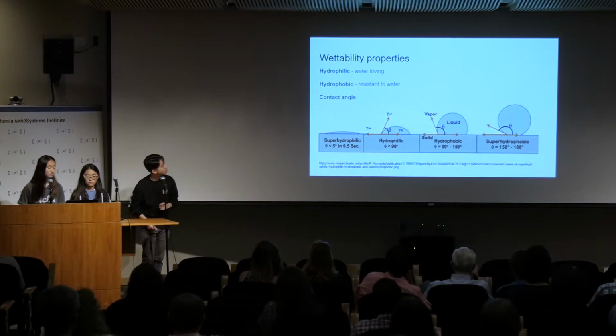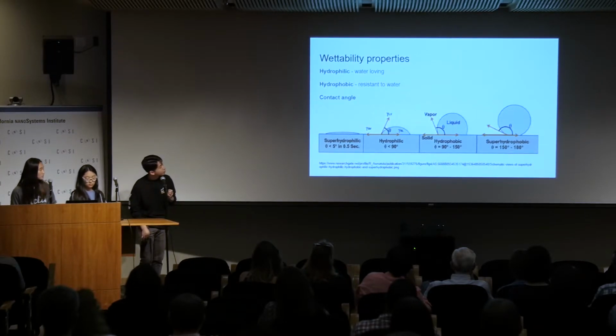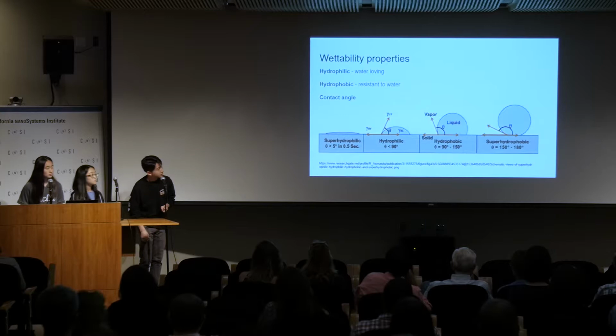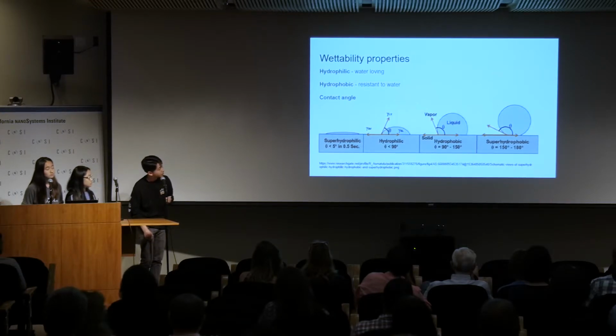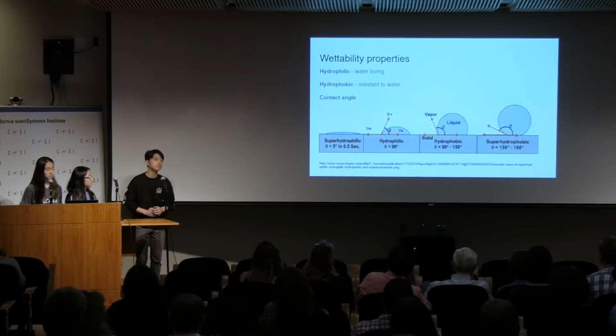Hydrophilic basically means water loving, and hydrophobic means it repels water. We usually use the contact angle between the liquid and the solid to measure hydrophobicity. If it is less than 90 degrees, it is hydrophilic, and if it is greater than 90 degrees, it is hydrophobic.